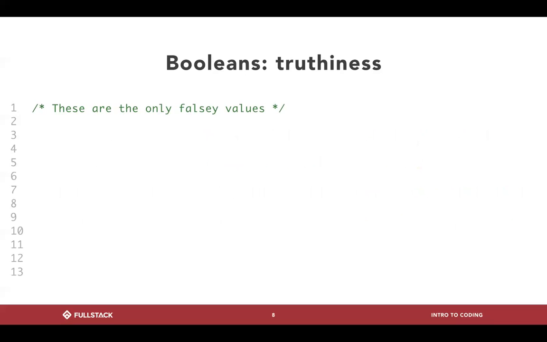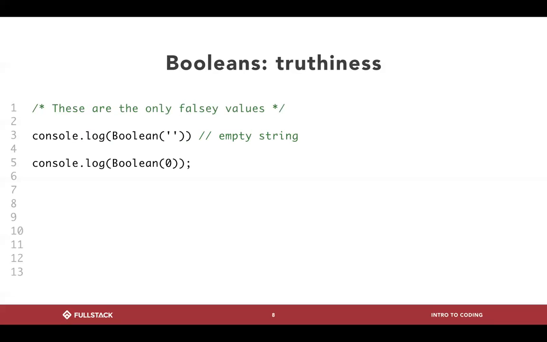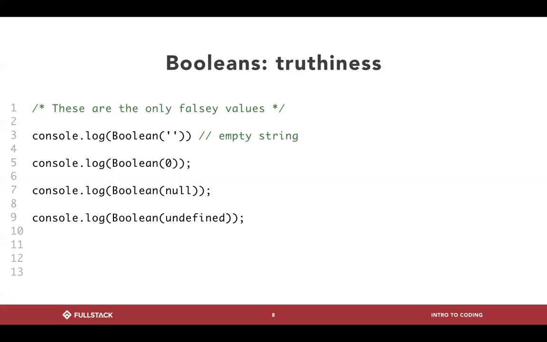There are only some specific falsy values. So with this whole thing, it makes it kind of easy. I'm going to show you what the falsy values are, and then you can just assume that everything else that you see in JavaScript is a truthy value. Empty strings are falsy. 0 is falsy. Null is falsy. Undefined is falsy.